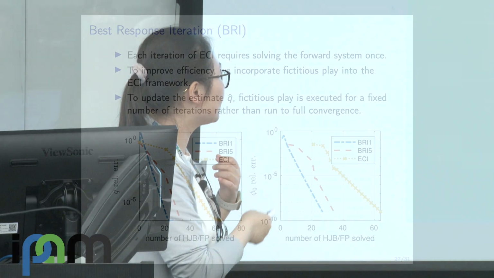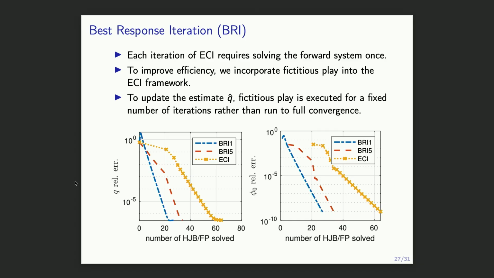And it turns out it's very effective. This BRI is, every time I just run the best response for one iteration, and I can also run it for 5 iterations. It can reach similar accuracy as the equilibrium correction iteration, and it needs fewer HJB and Fokker-Planck solves.